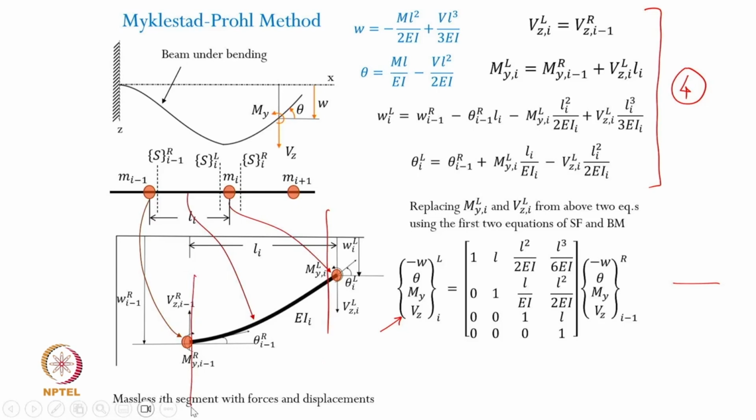Okay, so look at this, all these state variables, W, the deflection, the theta, the shear force, the bending moment on the left of the ith mass are forming one state vector, and the similar variables are on the right side of this equation with a matrix establishing the relationship between them.